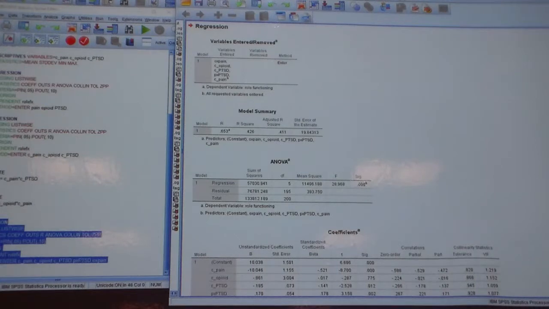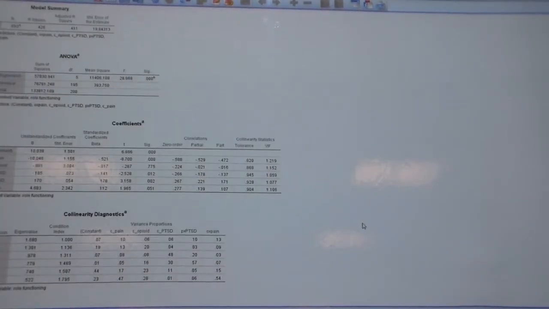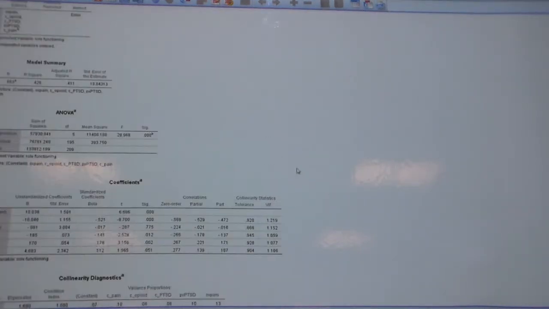Okay. So you're going to run this. All right. And so here we see my overall model, right? I've got my R squared, or my multiple correlation, right?